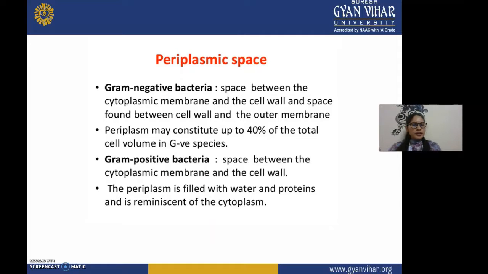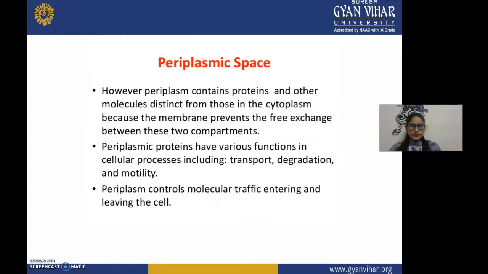The periplasm may constitute up to 40% of the total cell volume in gram-positive species, and in gram-positive bacteria it is the space between the cytoplasmic membrane and the cell wall. So the periplasm is filled with water and protein and is the counterpart of the cytoplasm.